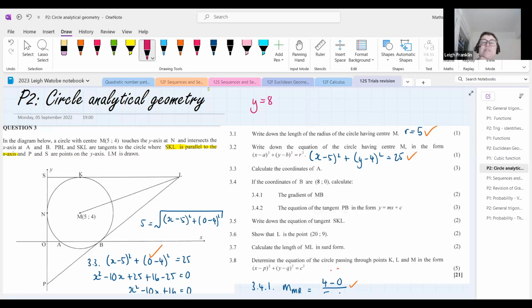Can you tell me why you've said 8? Yes, any line that is parallel to the x-axis will always have a gradient of 0. Aha, because the radius is 5.